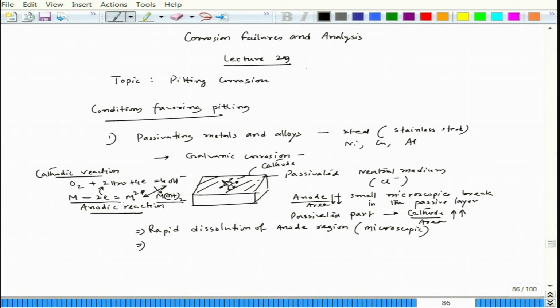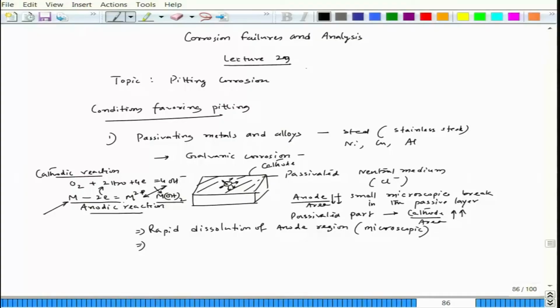So, that means corrosion will be concentrated in that small microscopic area, and corrosion means metal dissolution. So, this reaction has to happen in the depth direction rather than in the lateral direction, because it cannot spread, because the surrounding area is covered with a very strong passivated layer, and that also provides a large area for cathodic reactions. To meet that electron requirement, in the depth direction it should grow.